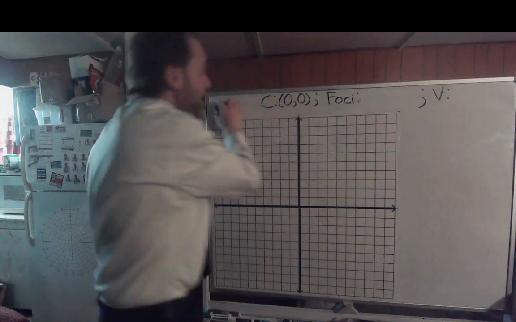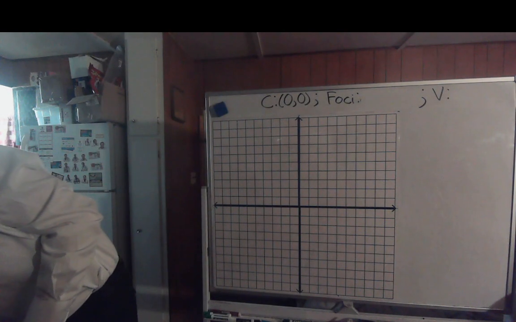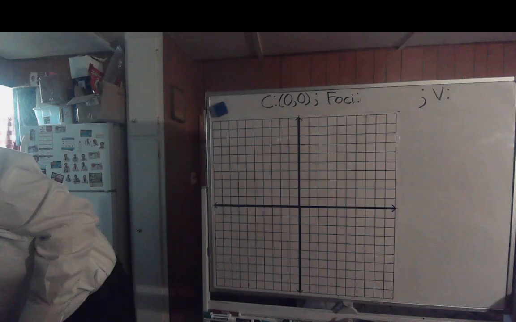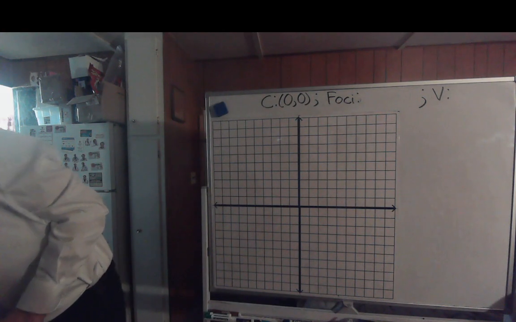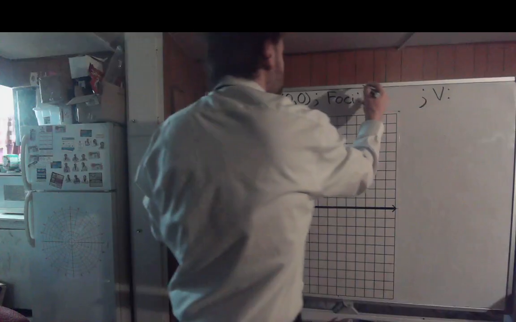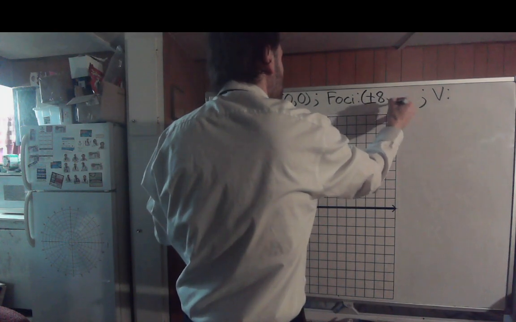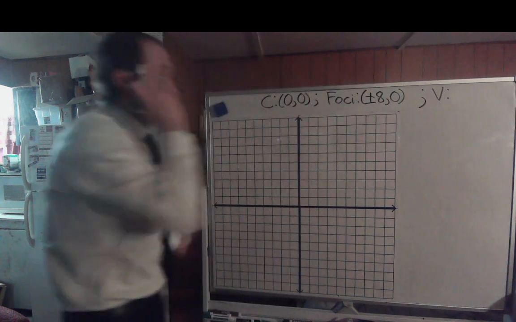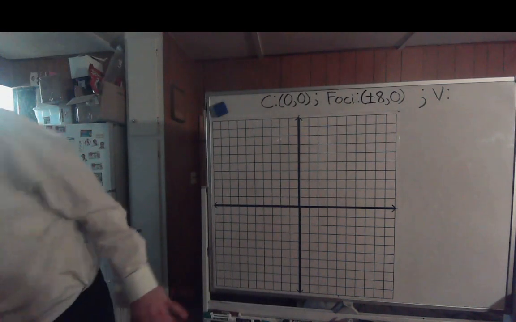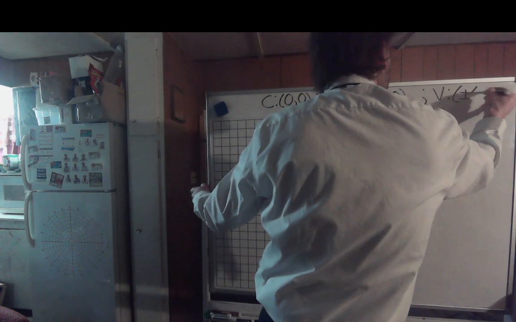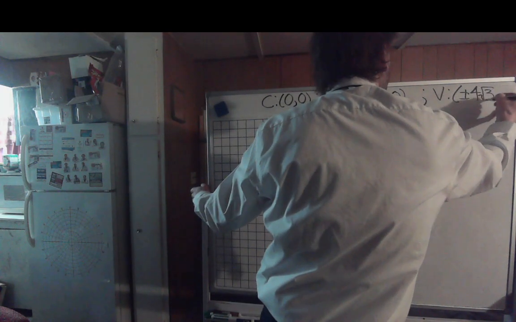Let's do 2 more. So you see, these aren't too bad today. Foci are going to be, again, at plus and minus 8, 0, with the center at 0, 0. But your vertices are different. They're going to be plus and minus 4 times the square root of 3, 0.